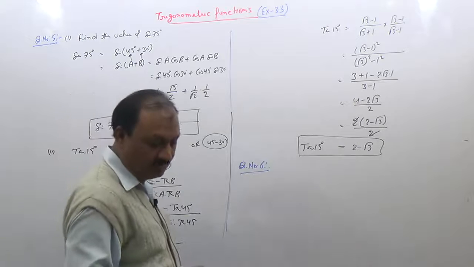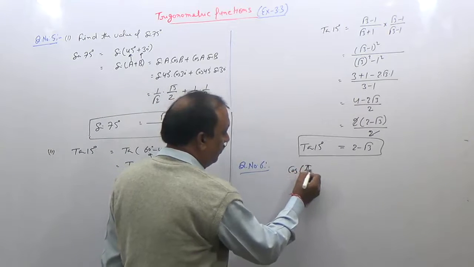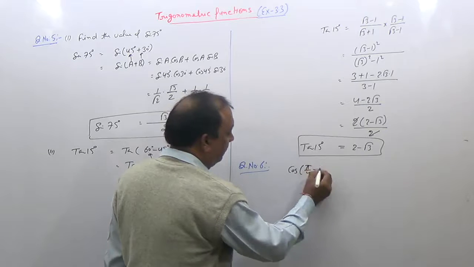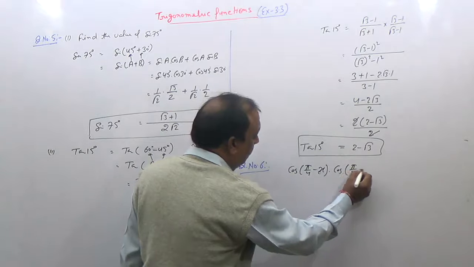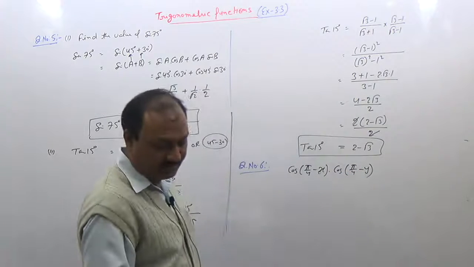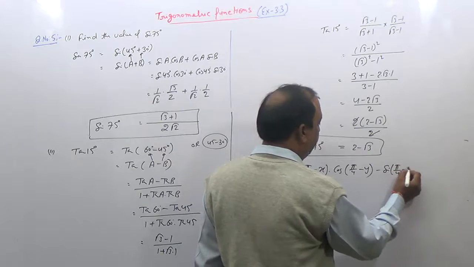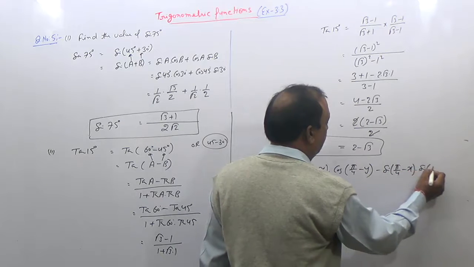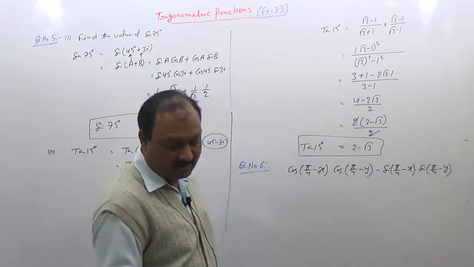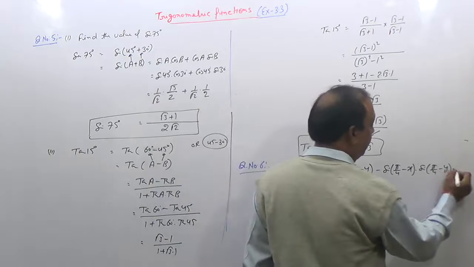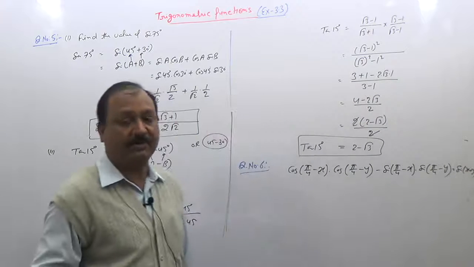Prove that cos(π/4 − x) cos(π/4 − y) − sin(π/4 − x) sin(π/4 − y) is equal to sin(x + y).